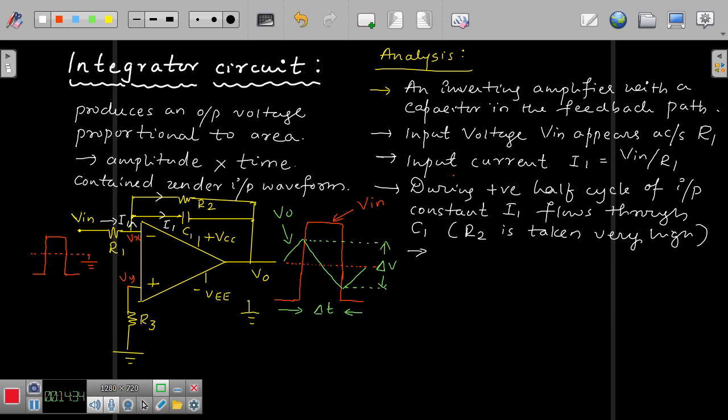Now the positive of the capacitor terminal, you can see here, this is plus, this is minus when the capacitor is getting charged like this. The positive terminal of the capacitor is connected to the inverting terminal here, right.